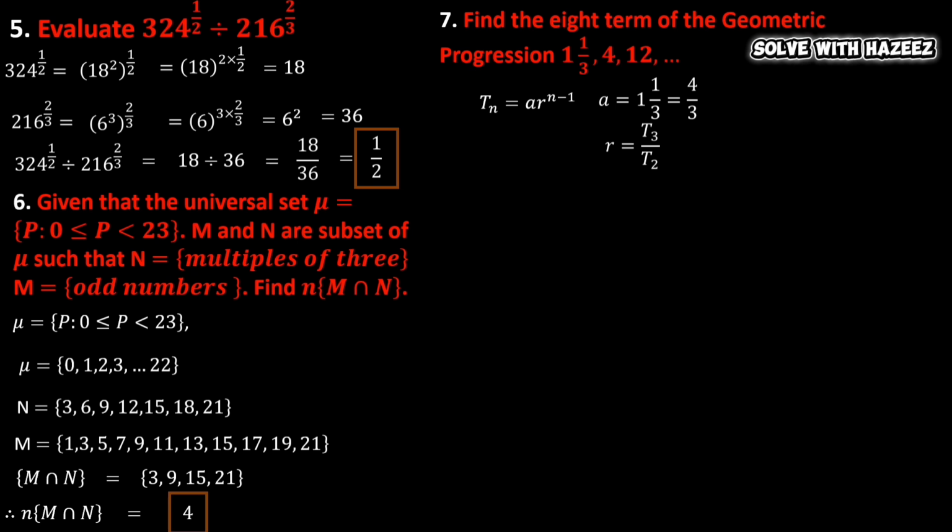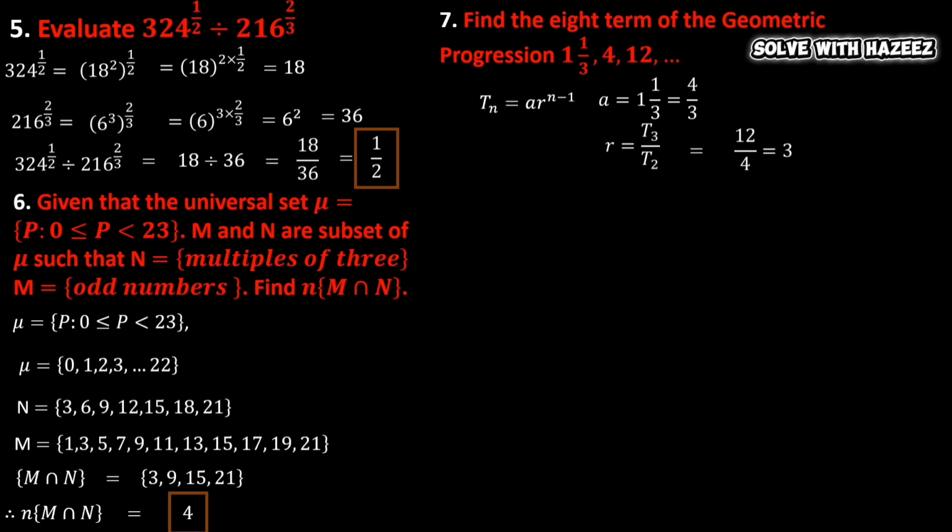So we just pick two consecutive terms, then the higher divided by the lower. So here we are picking T3, that is the third term, all over T2. So what is the third term? Third term is 12 over, what is the second term? Second term is 4, and 12/4 is equal to 3. And that is the common ratio.